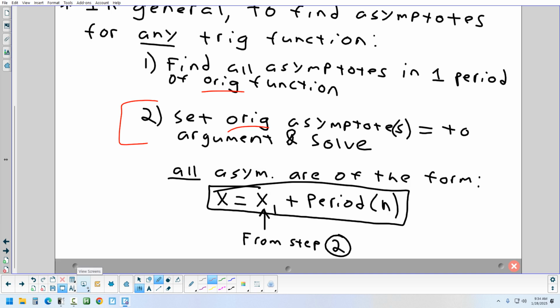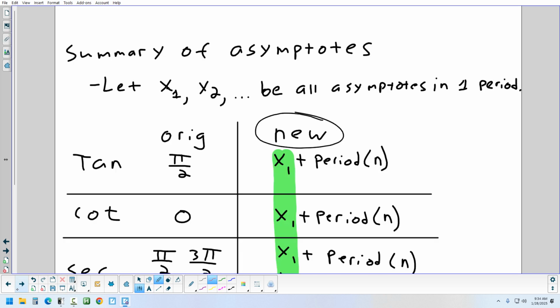So that number that you put right there, that's what you're getting in step 2. And that number that I just circled in red is the number that is highlighted in green. So now you know how to find what's highlighted in green.